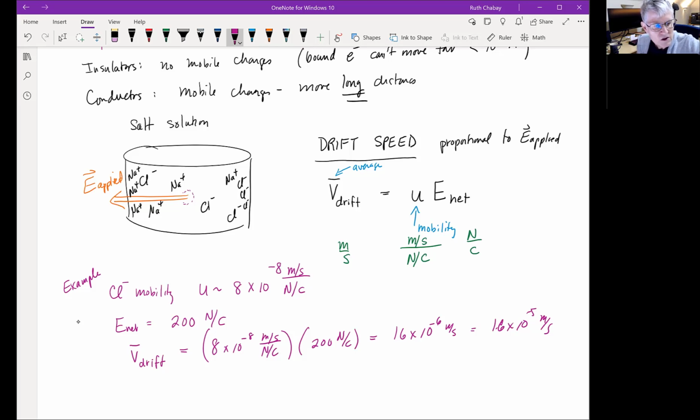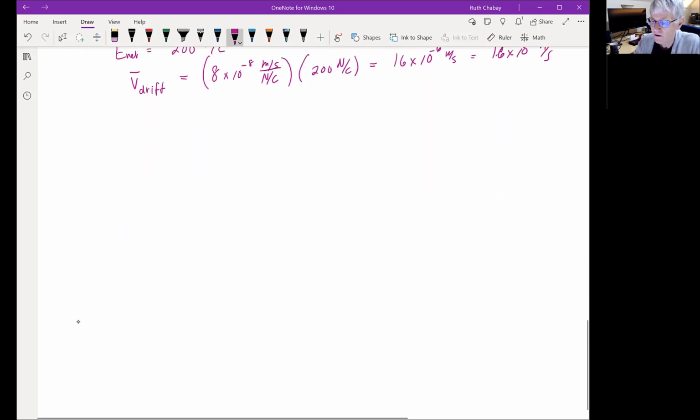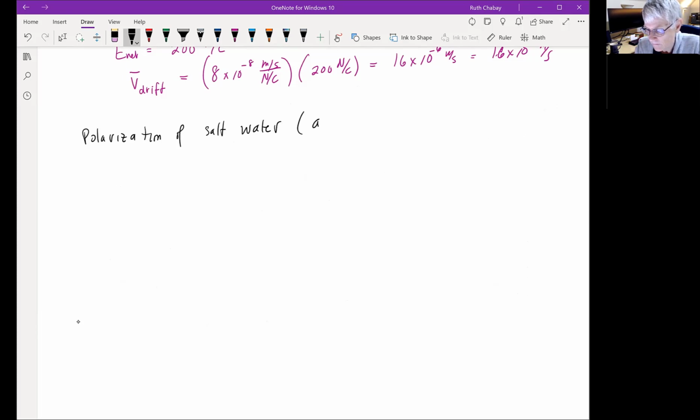Okay, so let's consider what's going to happen if we apply an electric field to a conductor, let's say salt water. So, polarization of a conductor.